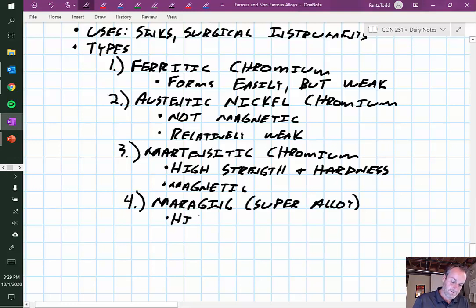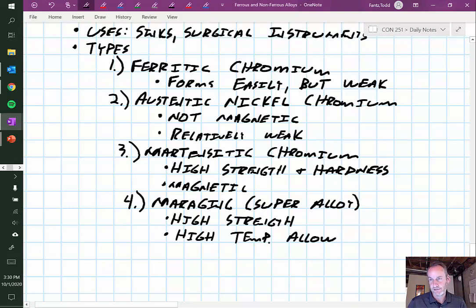And some characteristics of this is now we do have the high strength, and this is also a high temperature alloy. So using it in applications where you need that high temperature, like in aircrafts and things. This one is also magnetic.